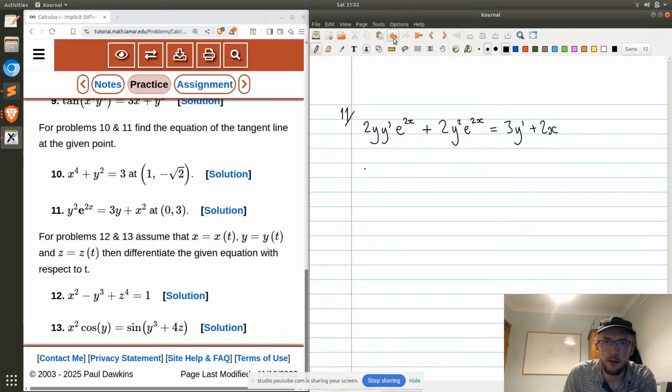So, what does that mean? Y prime times 2y e to the 2x minus 3 on the left, minus 2y squared e to the 2x plus 2x on the right.